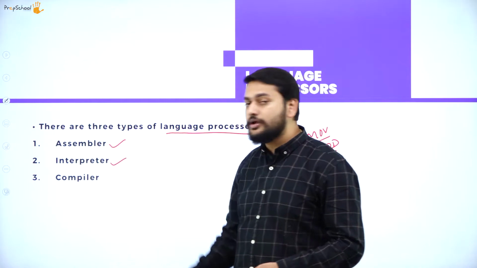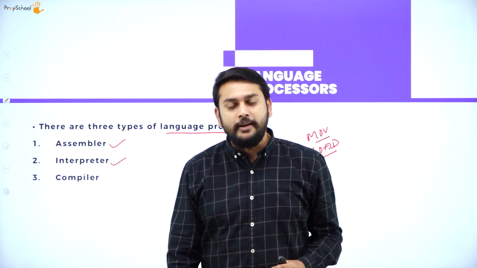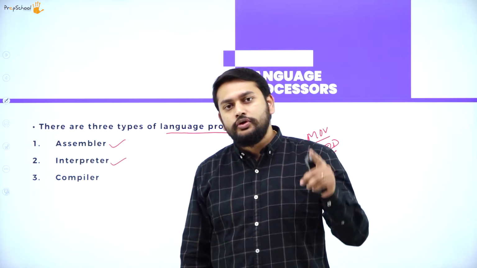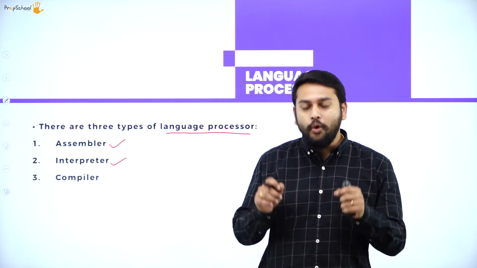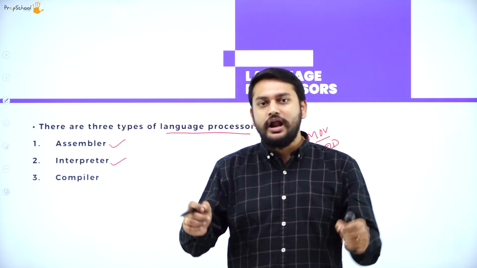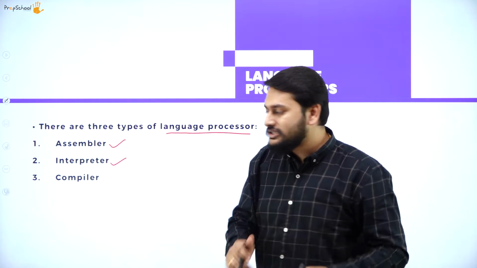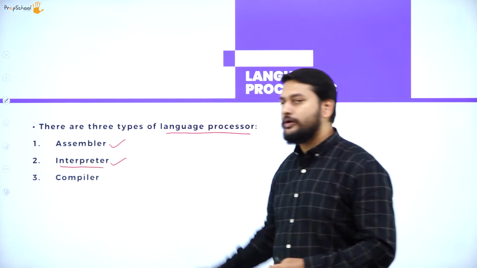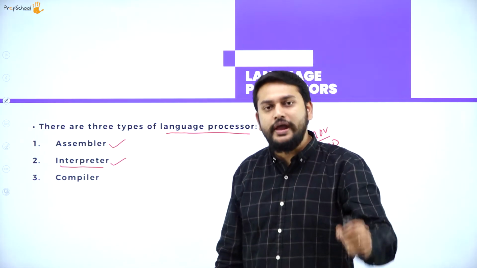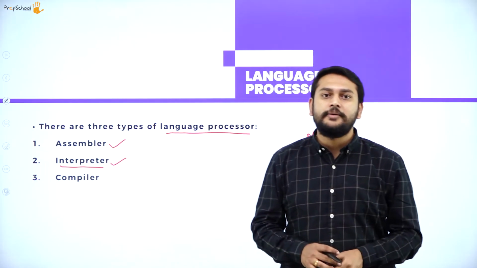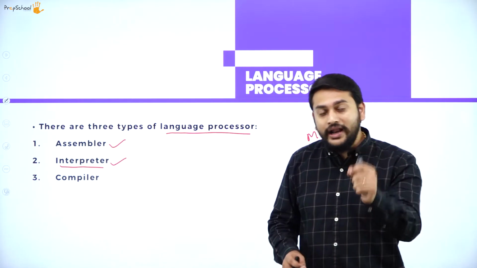What is this interpreter? If you have written the program, your program will be executed line by line. Only one line will be executed at a time. That is done with the help of an interpreter. What did I say? The interpreter is able to execute only one line at a time.